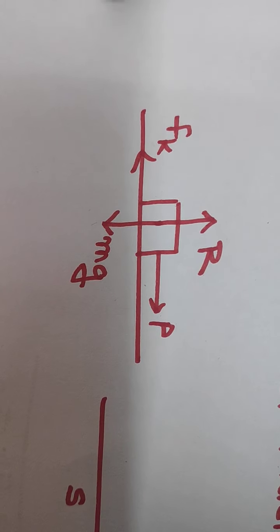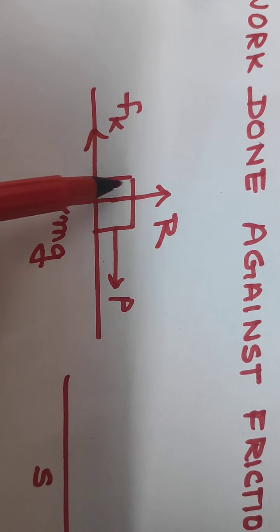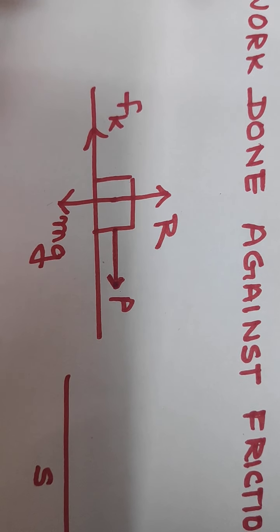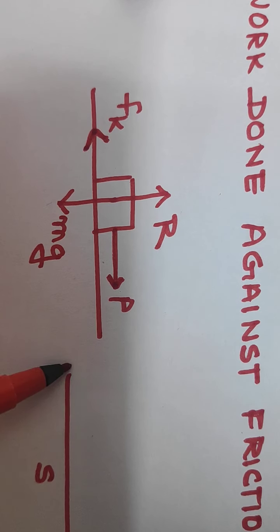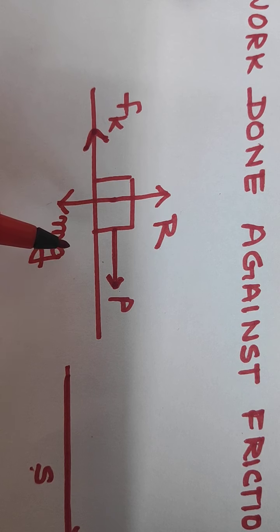We know this formula. Now if any object, this is an object, and force P is applied on this, an external force, and kinetic friction is acting on it, it moves and displaces through distance s. In this condition, how much work will be done against friction?